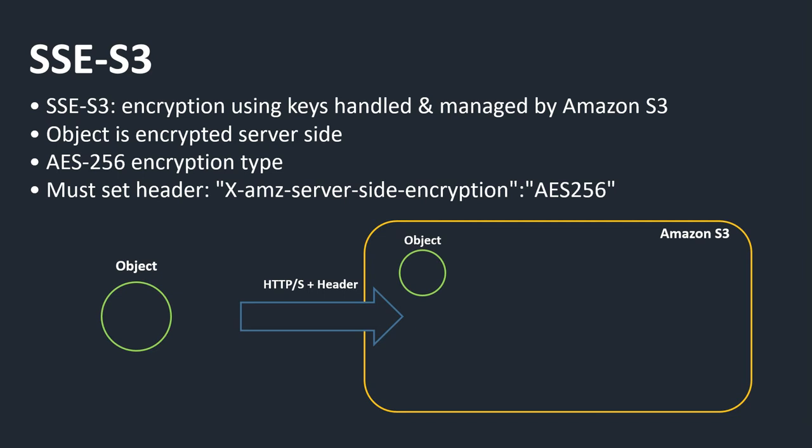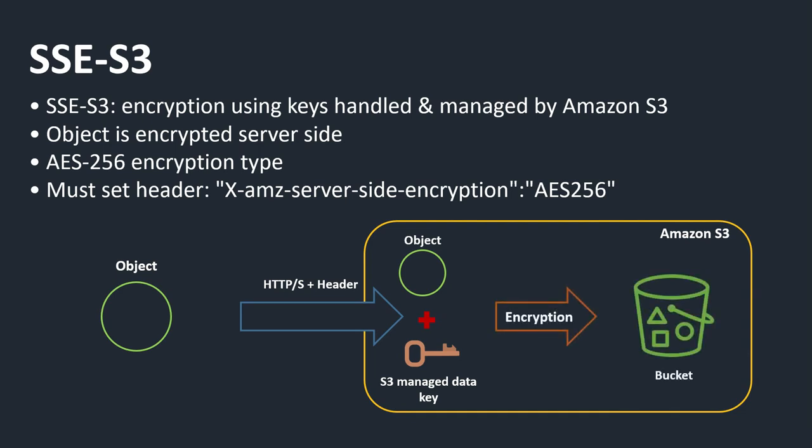And you can add the header that we said, the x-amz-server-side-encryption AES256, and then Amazon S3, thanks to this header, knows that it should apply its own S3 managed data key, and using the S3 managed key and the object, some encryption will happen and the object will be stored encrypted into your Amazon S3 bucket. Very simple, but in this instance, the data key is entirely owned and managed by Amazon S3.